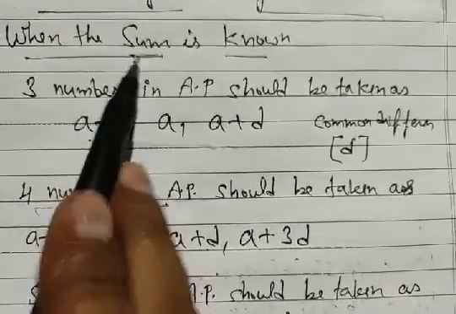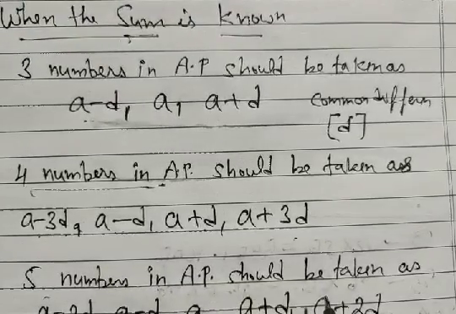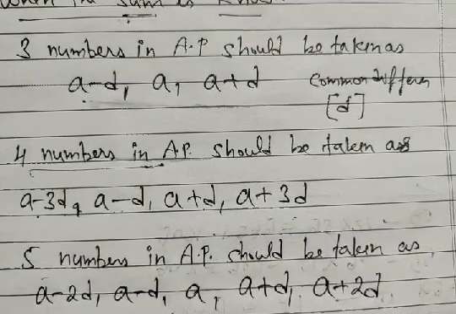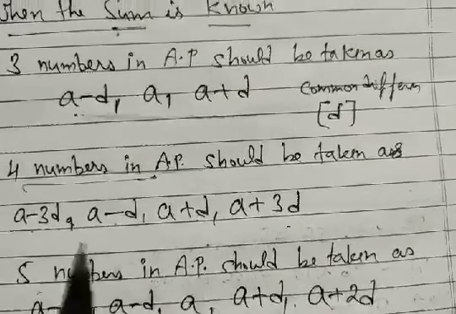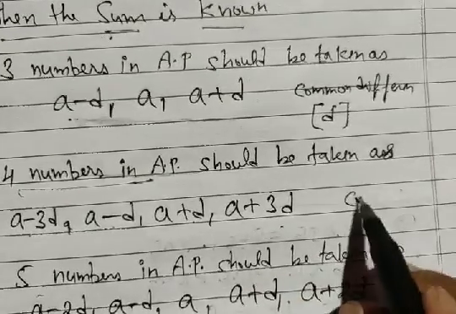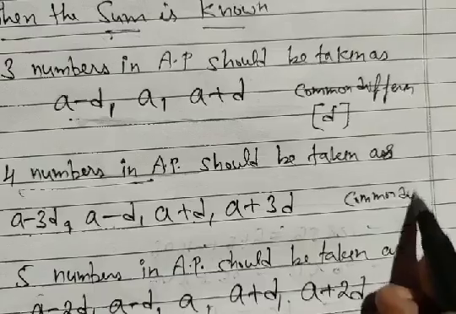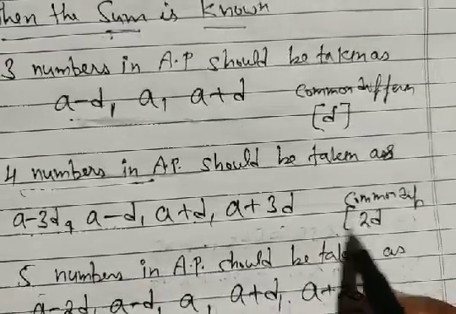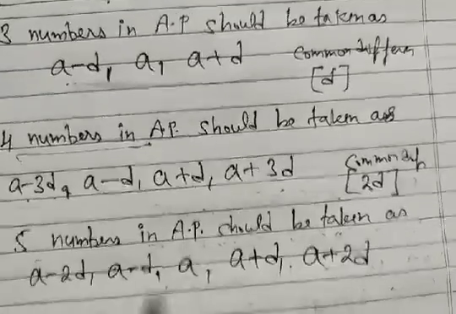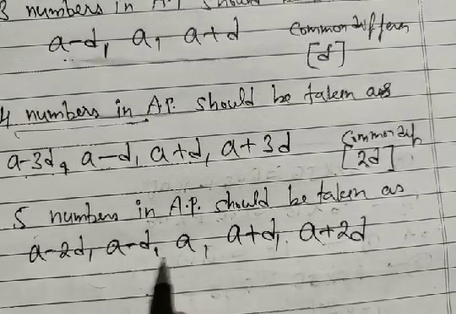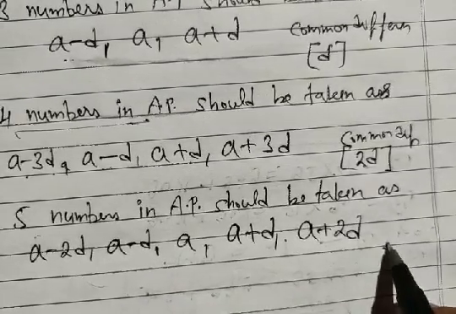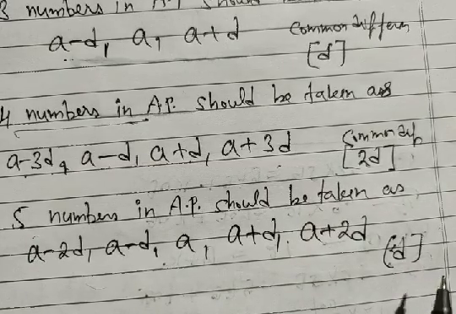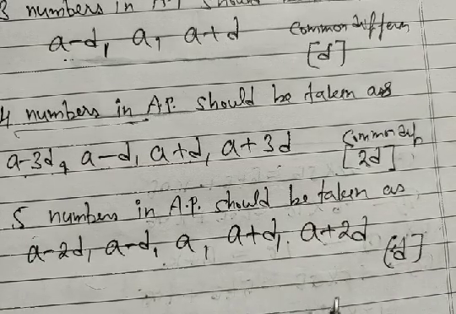For five numbers, a minus 2d, a minus d, a, a plus d and a plus 2d. In the four-number format the common difference is 2d, and in the other formats the common difference is d. Each term differs by d.